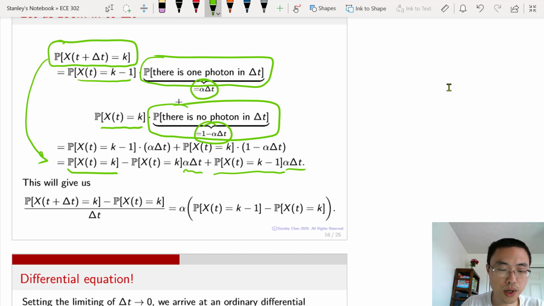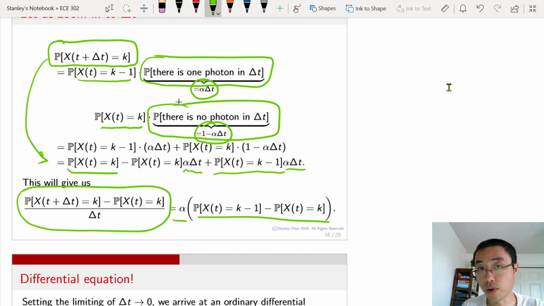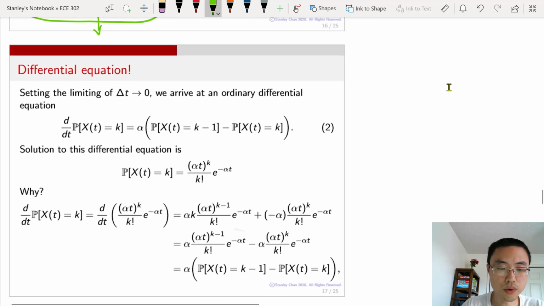So you move the terms around, and you can get to this ratio: the probability of X of t plus delta t equals k minus the probability of X of t equals k, divided by delta t, and then on the right-hand side, alpha times some number. Now, this quantity should be interesting to look at, because if you take the limit of delta t going to 0, then this will actually turn into a derivative. What do I mean?